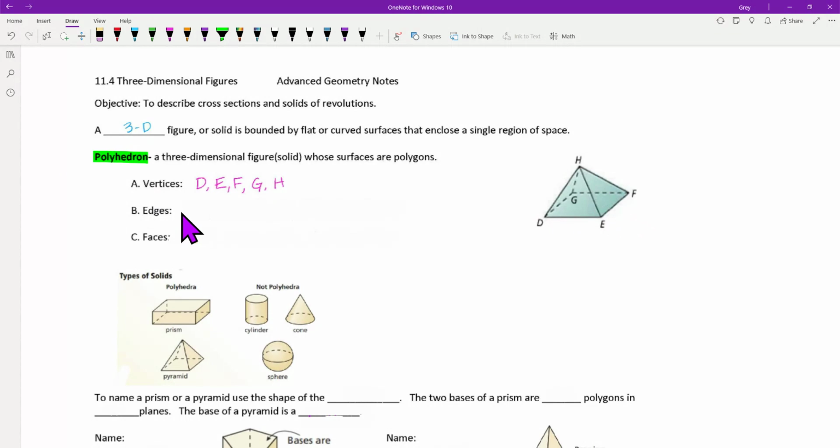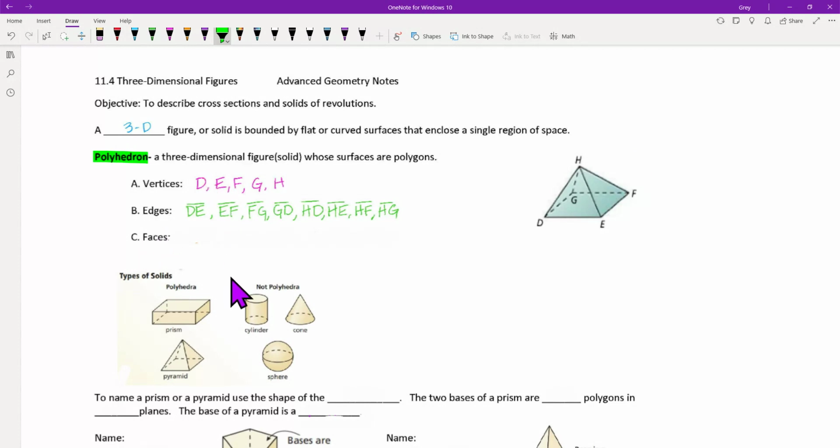So we got segment DE, segment EF, segment FG, segment GD, segment HD, segment HE, segment HF, and segment HG. So if you know these things, you can pause or write them down, check them, might make the video go a little bit faster.